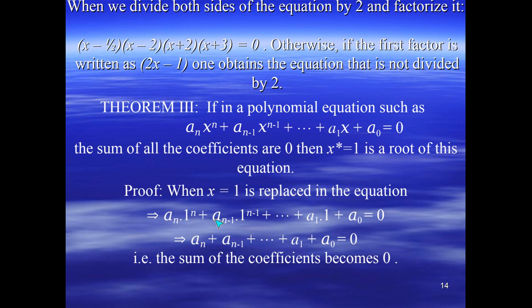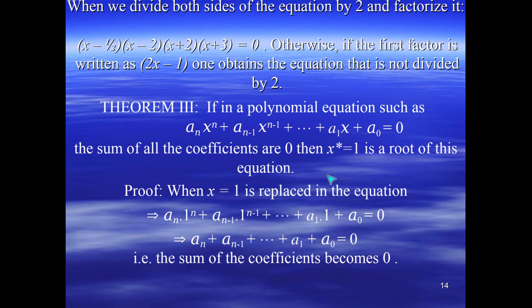We obtain a_n times 1 to the power n plus a_(n-1) times 1 to the power n minus 1, etc., plus a_1 times 1 plus a_0. And the ones don't count, so we obtain a_n plus a_(n-1) plus a_1 plus a_0 equals 0.